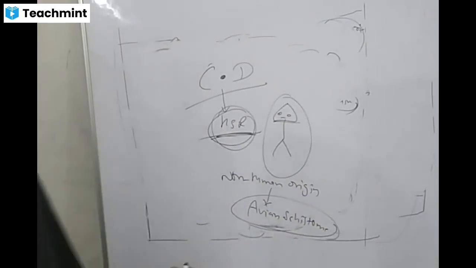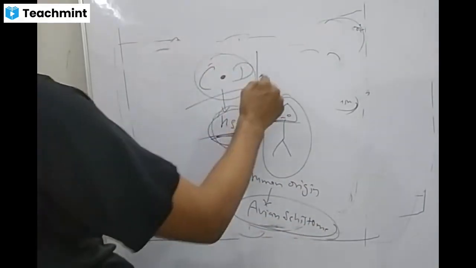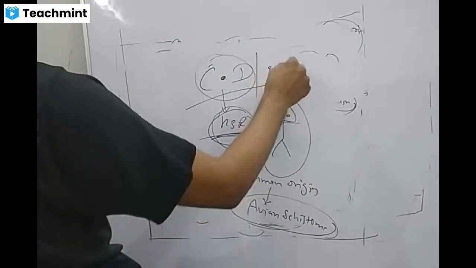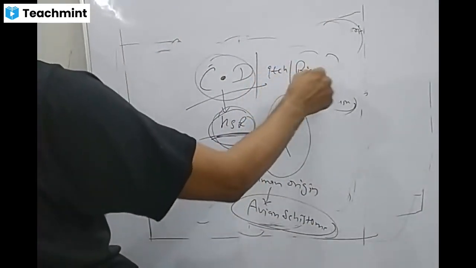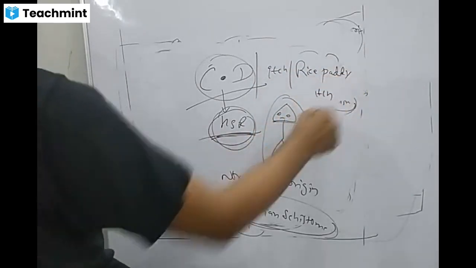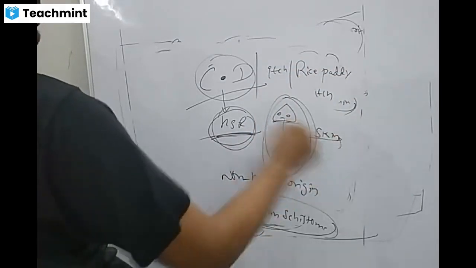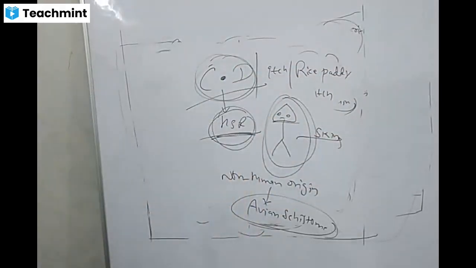Non-human means avian schistosome. They cause cercarial dermatitis, also known as cercarial itch, rice paddy itch. Because these cercaria penetrate the skin and they cause cercarial dermatitis.